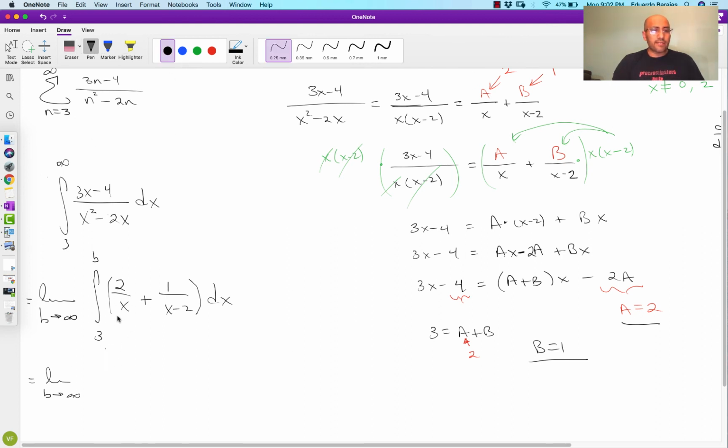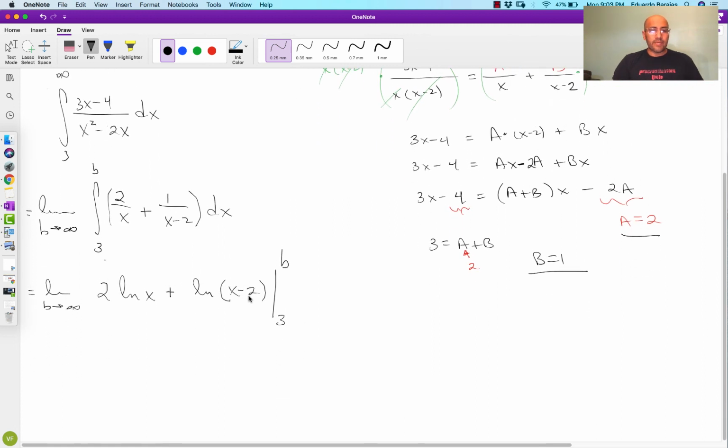Its antiderivative is just going to be ln. So this is 2 ln x. Remember, the derivative of ln is 1 over x, so that equals this, plus ln of x minus 2, evaluated from 3 to b.